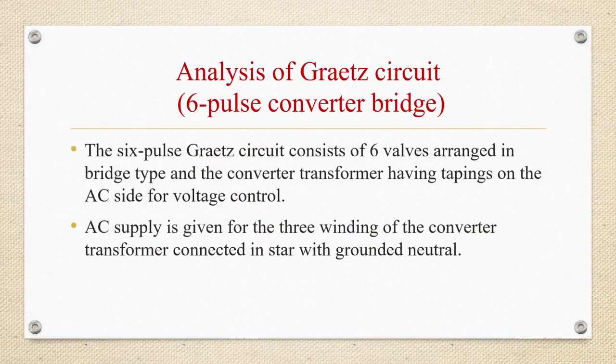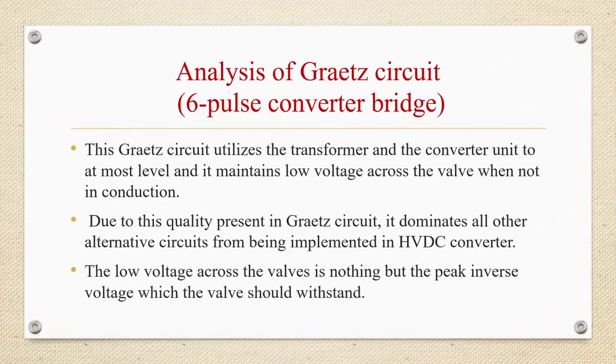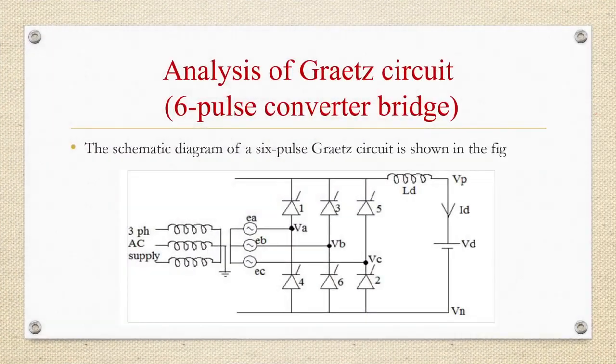For a 6 pulse converter bridge we are seeing the analysis here. This is called the Gauge circuit and it is a 6 pulse converter bridge. So diodes 1, 3, 5 are in one cycle and 4, 6, 2 are in another cycle.